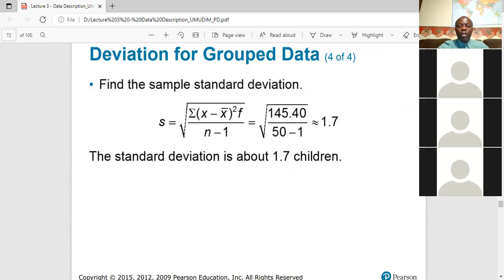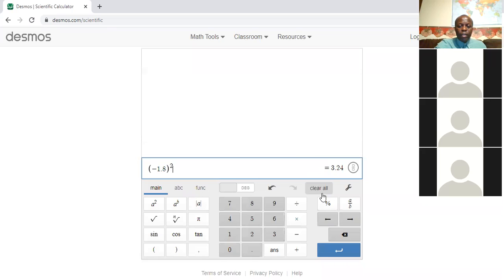Double checking this. Let me write it down, then double check it. So have the square root of 145.4 divided by 50 minus 1. Let's double check it. Okay.